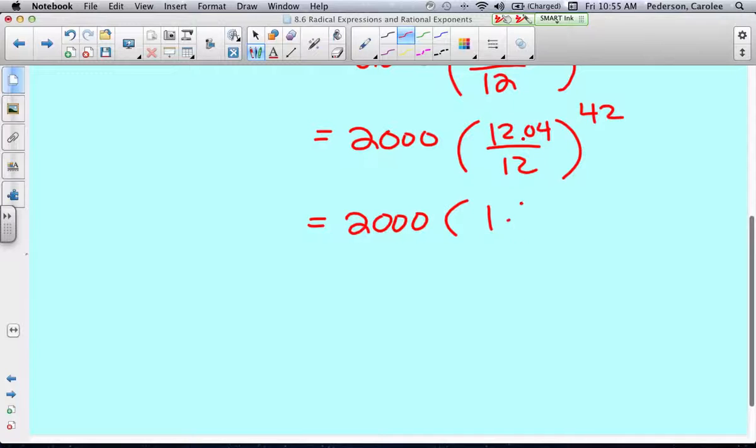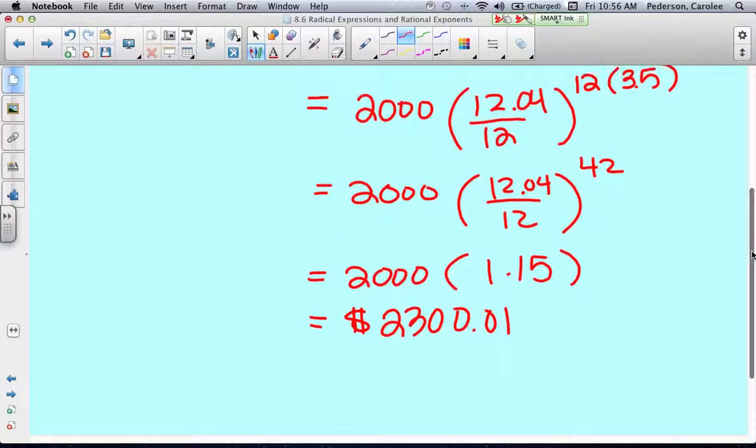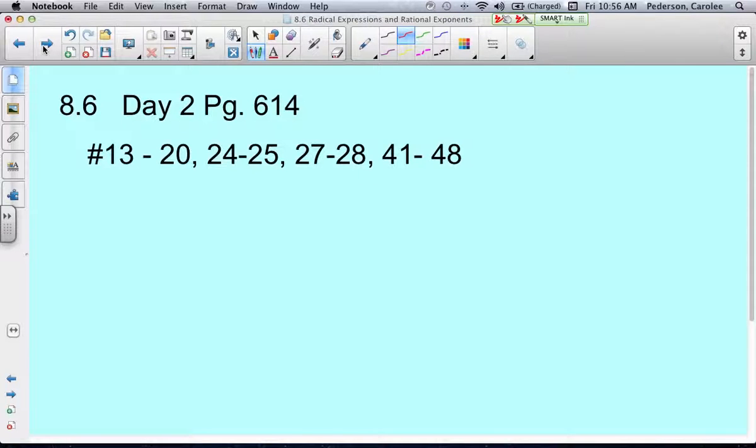You get approximately 1.15. Multiply that by 2,000 and you get an investment now after 3.5 years of about $2,300.01. This will be your assignment for 8.6, day 2.